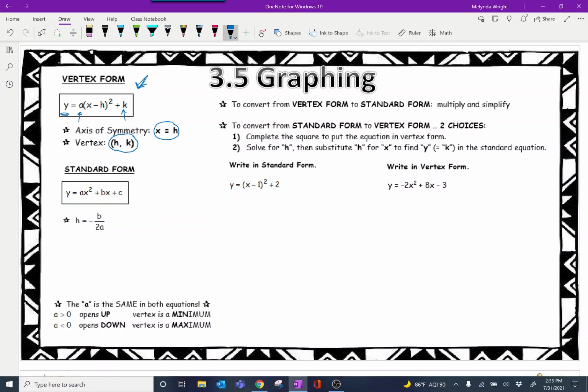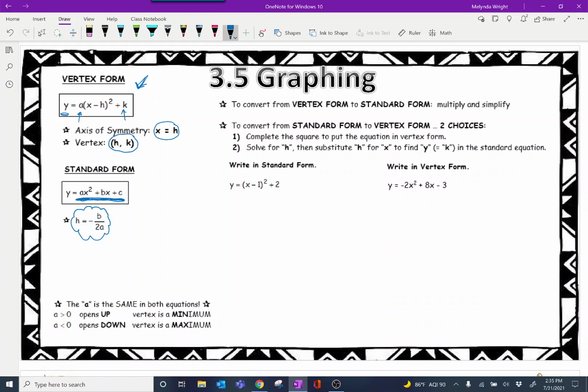Then we have standard form, where we're familiar with this. When we were working with the quadratic formula, we were using our equations in standard form, so we could read a, b, and c off of them. There's an additional little formula that identifies another way you can find h.